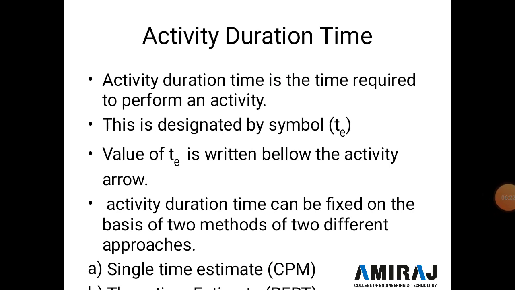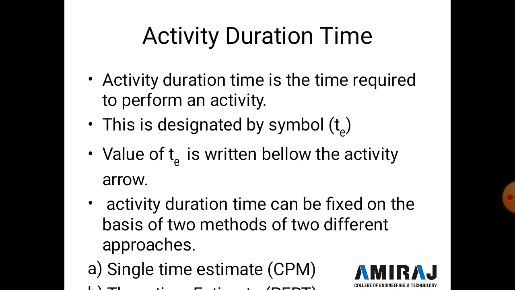For a 3 BHK bungalow, the required time is 3 days or 4 days. So these 4 days show the activity duration time. It's denoted by the symbol TE. So what is TE? TE is activity time, and the value is written below the arrow of the activity.